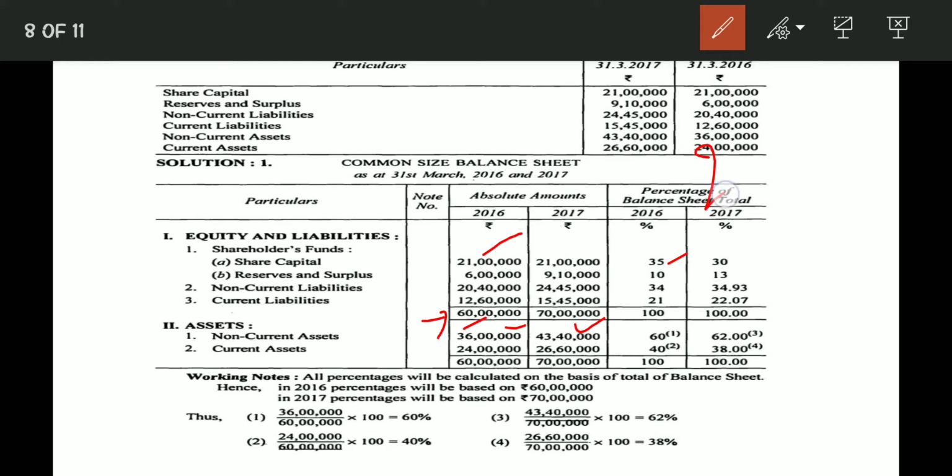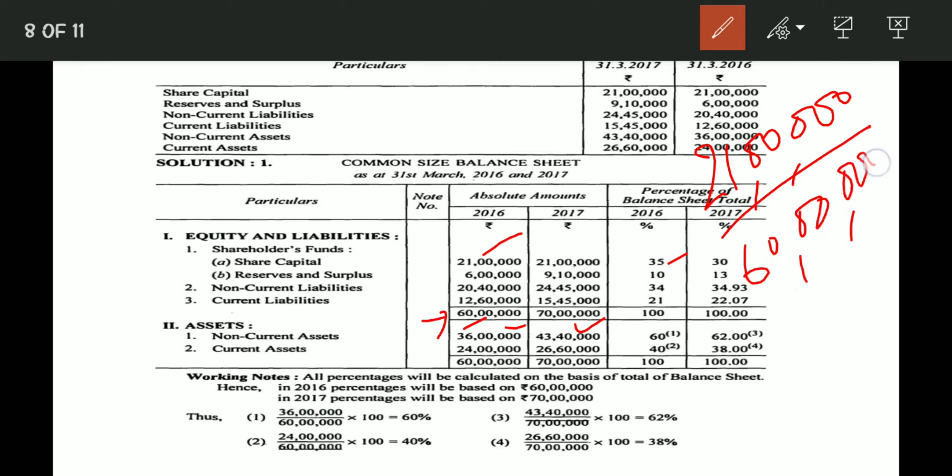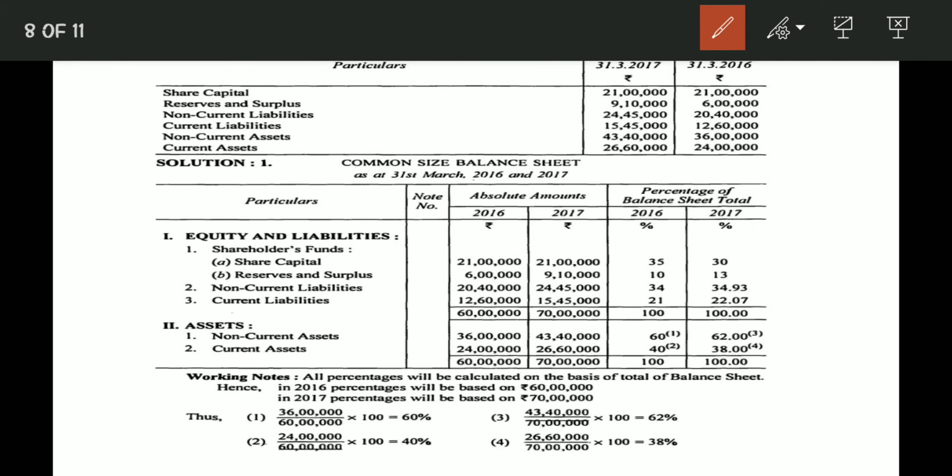You can easily see here 21 lakh is divided by 60 lakh into 100. Okay, so you can easily solve them. 35% is your answer, right?